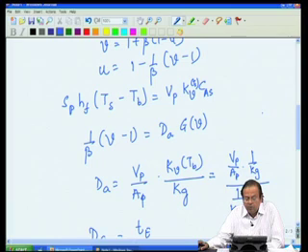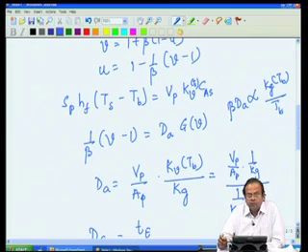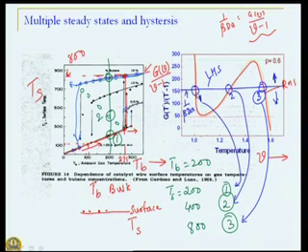The dependency of beta into Damkohler number will be proportional to k_g of T_b divided by T_b. So, if you change bulk temperature, you will change the Damkohler number into beta. So, now we know how that bulk temperature change is equivalent to changing this 1 over beta Da.